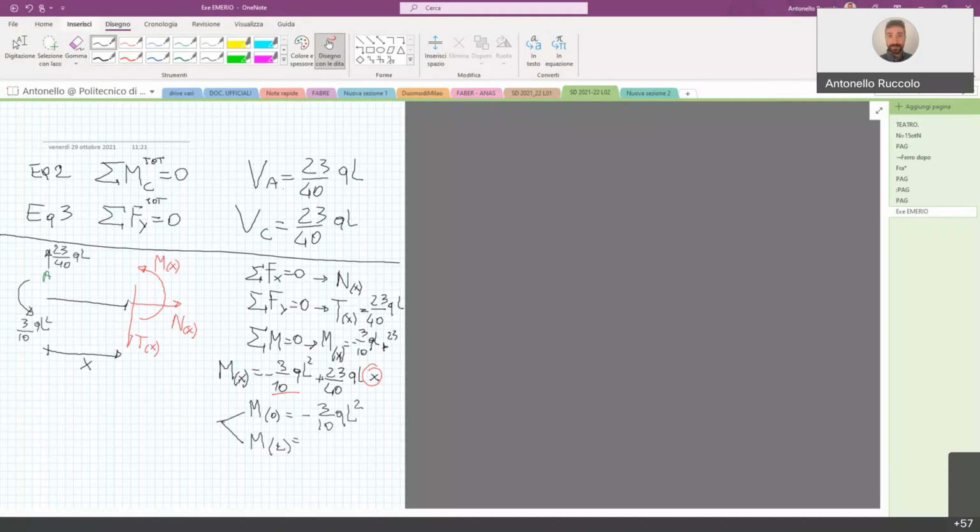Whereas the bending moment in the node B, where x is equal to L, is equal to 11/40 QL to the power of 2. So far so good.